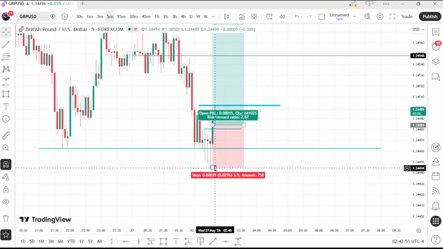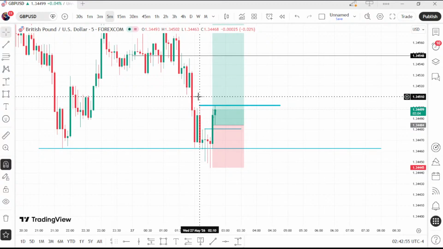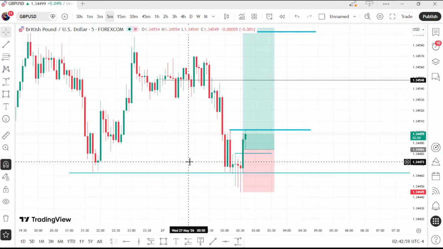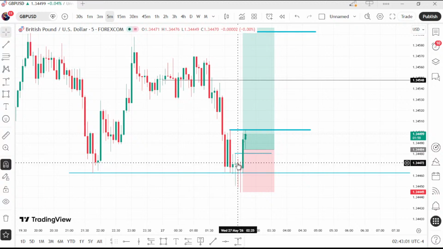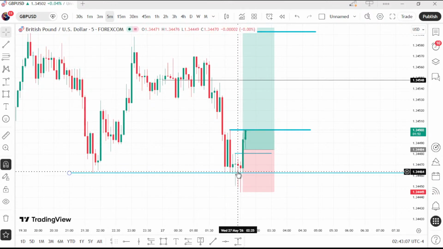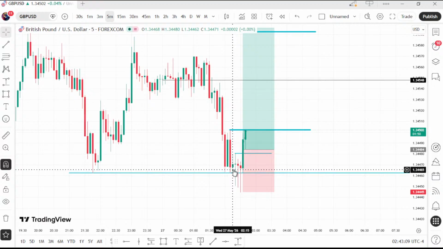Putting a stop loss to this. Actually, this consolidation is usually telling me that selling is over, we are buying.